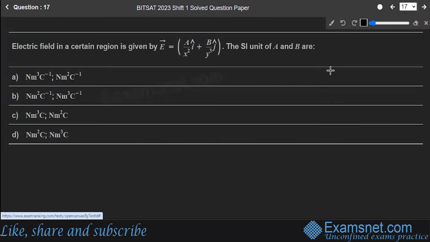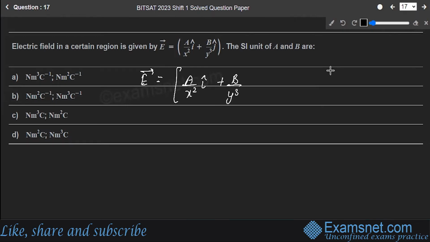Hope you understood. Next is question number 17. Electric field in a certain region is given by this vector. Then the SI units of A and B are. See, the electric field of a certain region in the question is A upon x square i cap plus B upon y cube j cap.